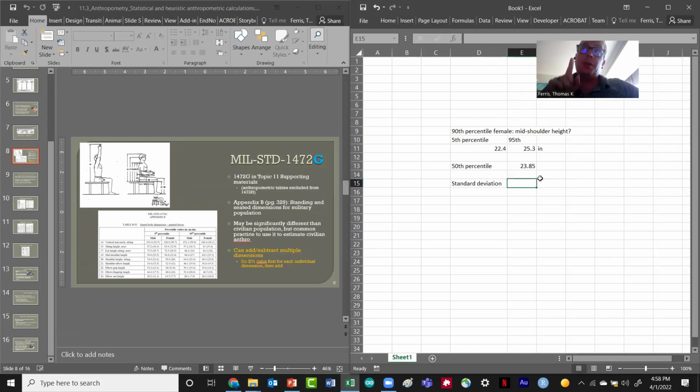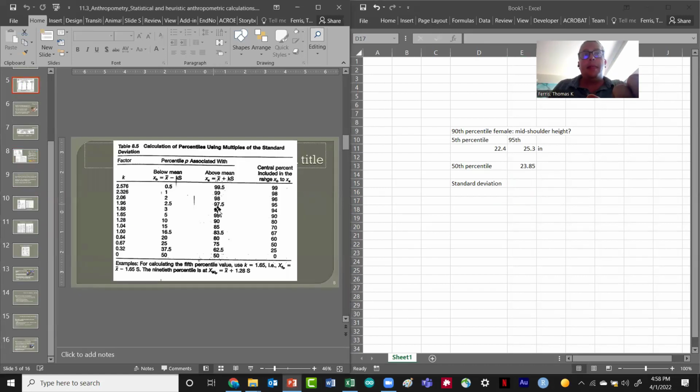It's because we're assuming a normal Gaussian distribution, and we know this relationship holds true: if we know the value of the 95th percentile, 25.3, and we look at this chart, which K value goes with it?